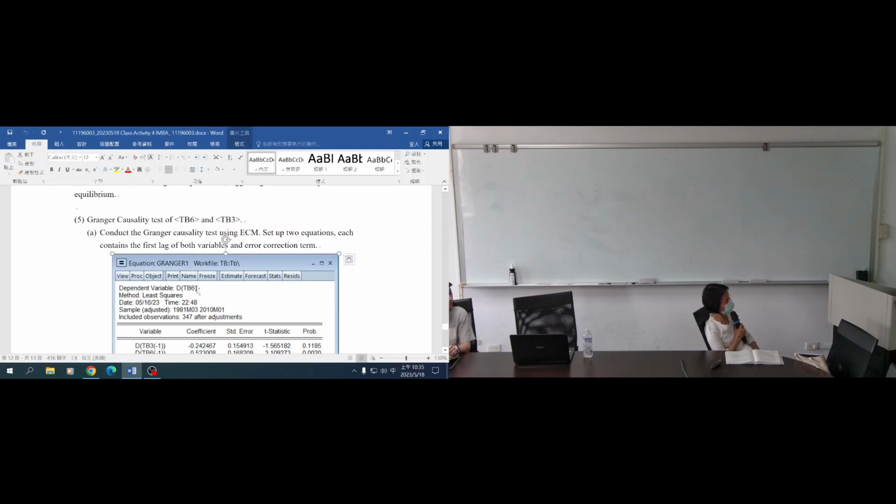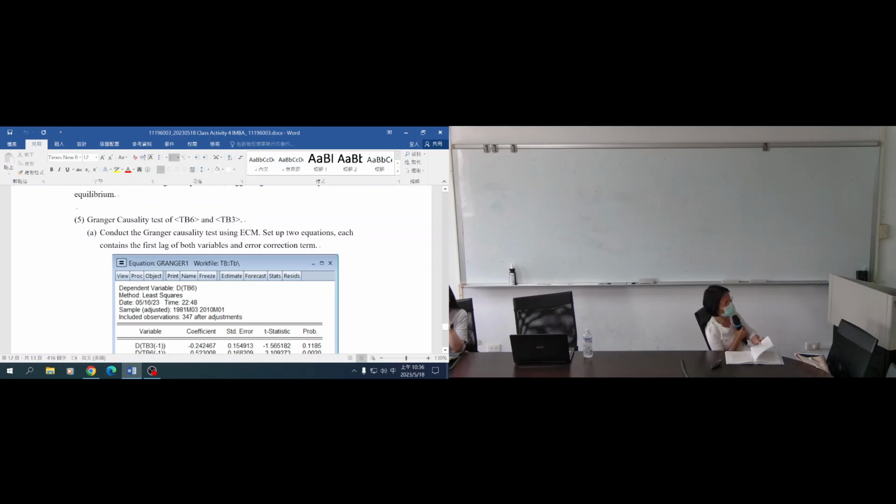No, Granger causality is by looking at the original TB6 and TB3. Then what's here with ECM? This is different subjects. I thought this one has to come back too. So you come back to the Granger causality test in the ECM.